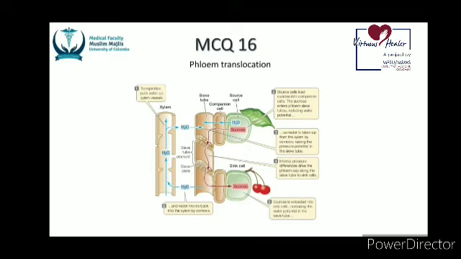So therefore, along the pressure gradient, this sucrose and water solution is going to flow towards the sink end. At the sink end, the companion cell is going to unload sucrose from the sieve tubes, and water will also leave the sieve tubes at the sink end and again enter into the xylem vessels. So this is how phloem translocation occurs.